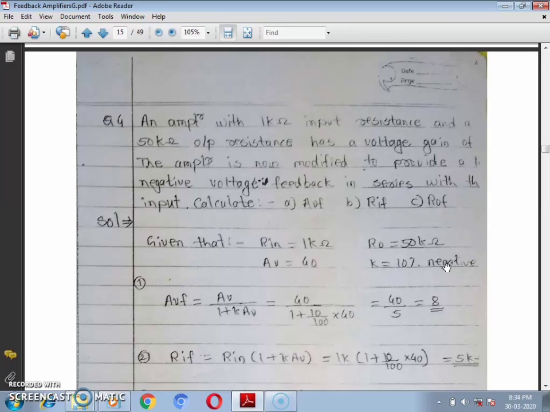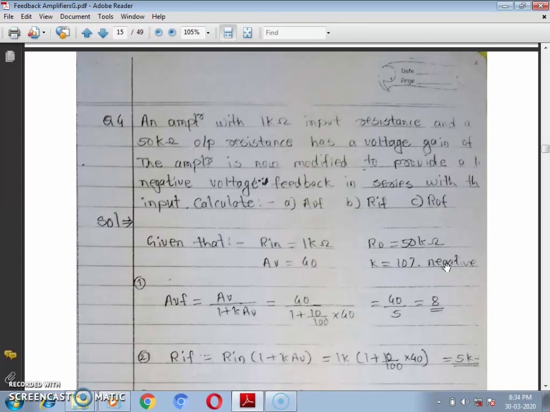Next, consider an amplifier with a 1 kilo ohm input resistance and a 50 kilo ohm output impedance, with a voltage gain of 40. The amplifier is now modified to provide negative voltage feedback in series with the input. Calculate AVF, RIF, and ROF.